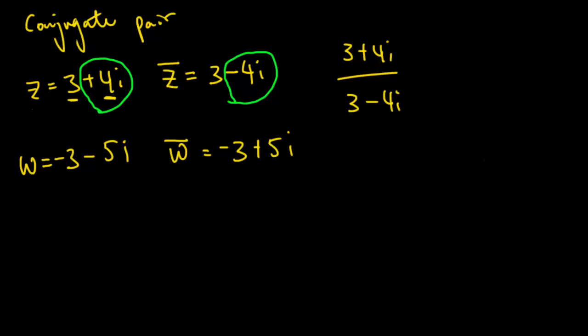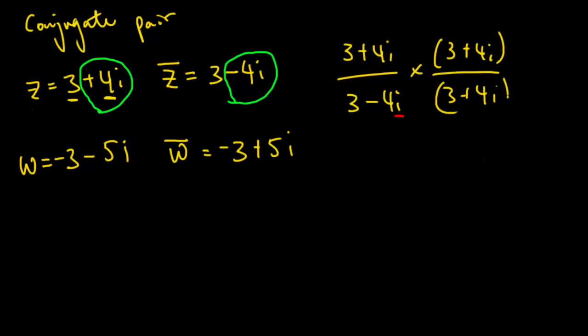Okay, so for example, if I have (3 plus 4i) over (3 minus 4i). In any case, we should not have a complex number in the denominator. So what we must do is multiply by the conjugate, which is (3 plus 4i) over (3 plus 4i).